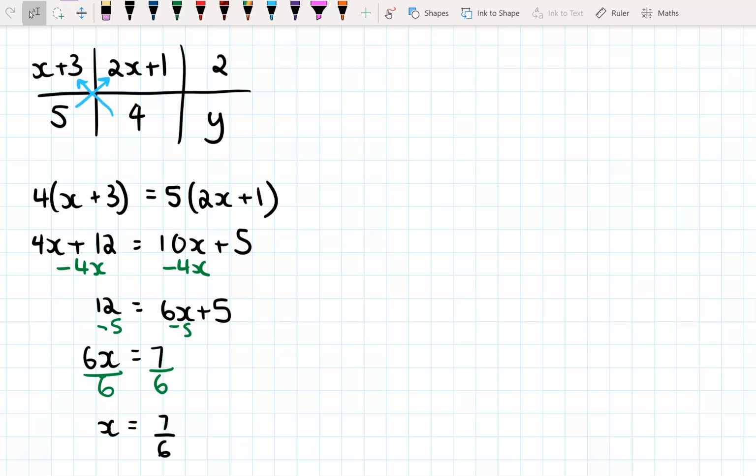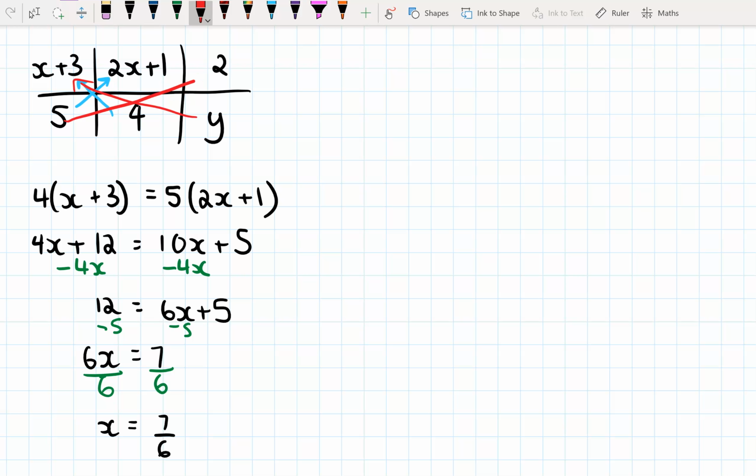Now, in order to find y, you need to multiply across either the first combination like this, or you can do it across the whole way. Okay, it's up to you. It doesn't really matter. Now, in this case, because we have a fraction for x, I think it's probably going to be easier if we use this combination.